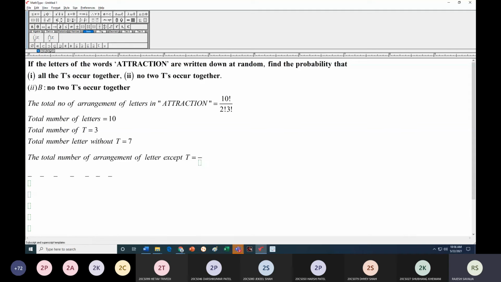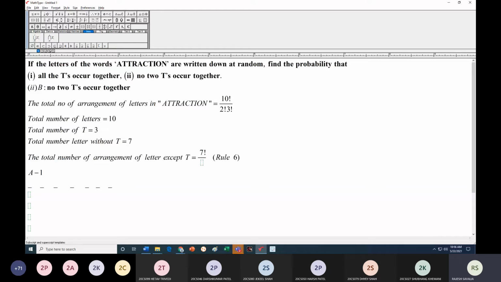First the total number of letters, that is 7. So numerator is 7 factorial. Divided by how many times repeated.